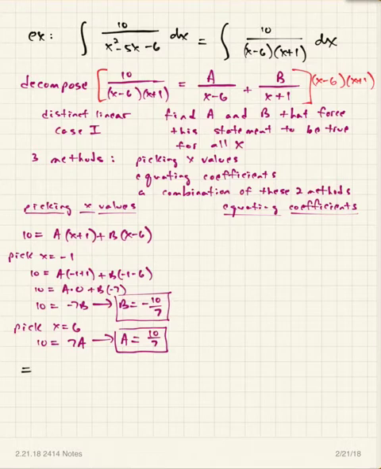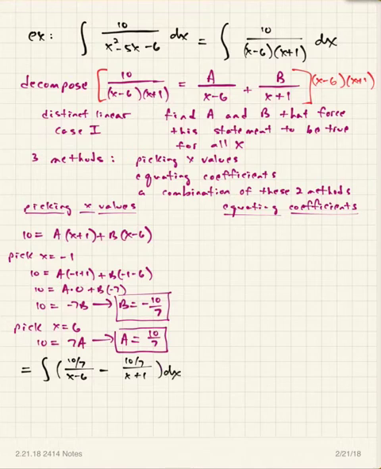So we know that this integral is actually going to be equal to A over x minus 6, so that'd be 10/7 over x minus 6, plus B, which is minus here, so this is minus 10/7 over x plus 1, dx.